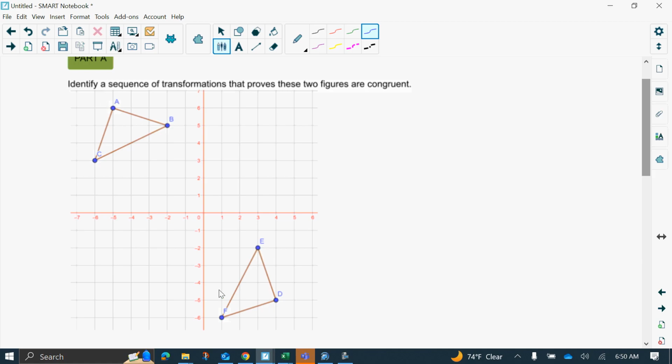So we want to get A where D is, B where E is, C where F is. There are multiple ways to do this. All you got to do is think.